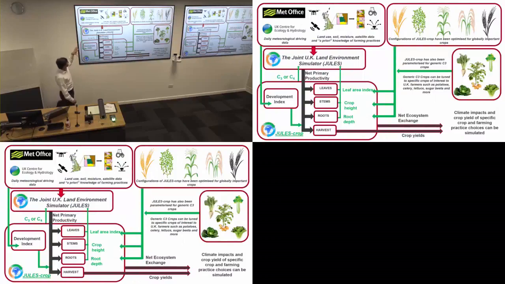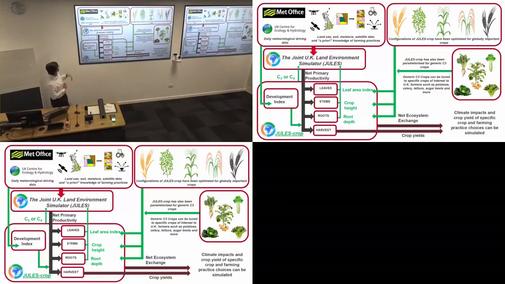So here you could see that simulations are coming through with JULES. JULES is the Joint UK Land Environment Simulator. The Met Office has been working on this for the last 2 or 3 decades, and there's a huge science community behind it. So here we can produce a digital twin of a particular location, and say historically what type of crops they have been growing, what's the physics of individual crops, what data we have, and what has been the overall weather patterns.